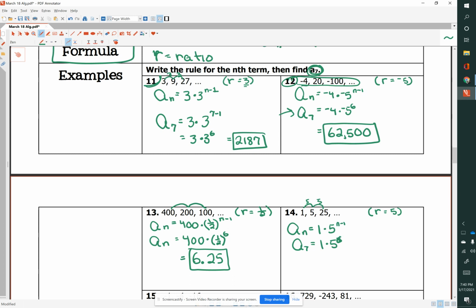Let me write that a little more neatly. 7 minus 1 is 6. When we evaluate that on the calculator, again, that gets big very quickly: 15,625.